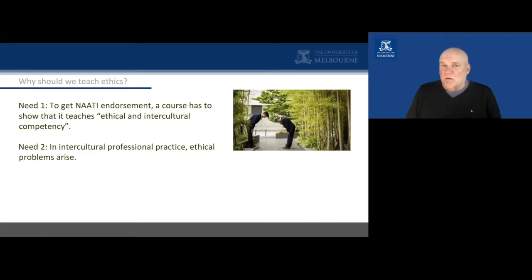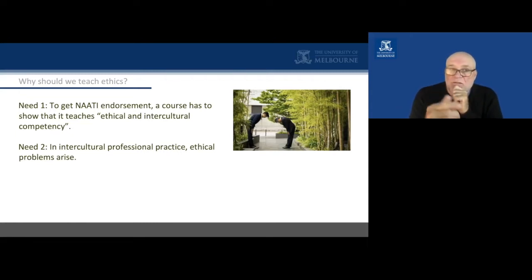All the others, though, are using languages in intercultural situations. It can be in business, it can be in teaching, it can be in giving advice, it can be in localization, it can be in IT. All of them, though, are putting themselves in situations where ethical problems arise.